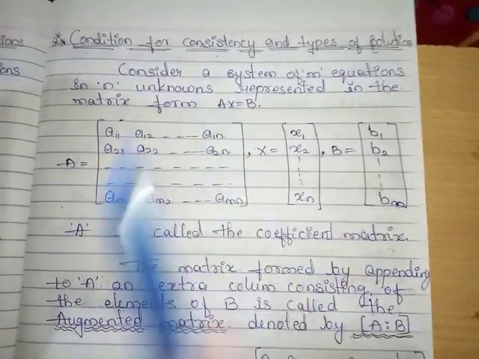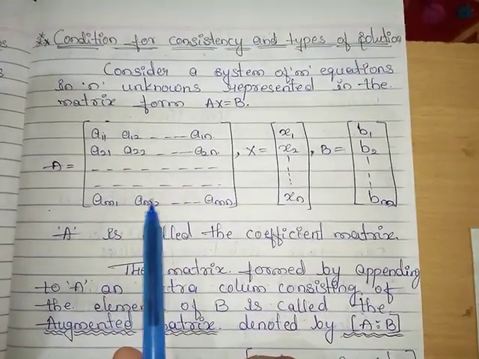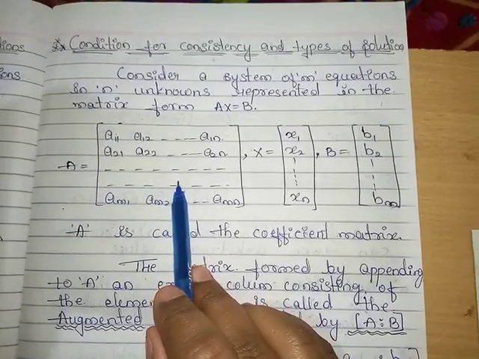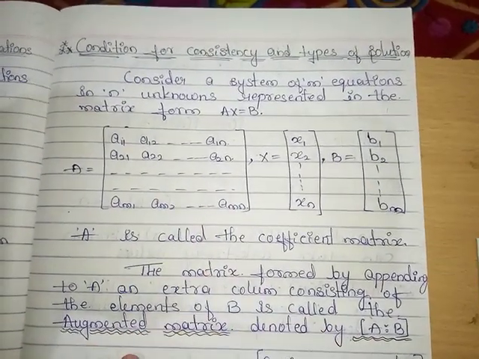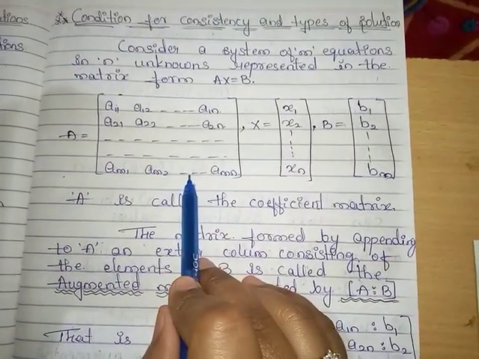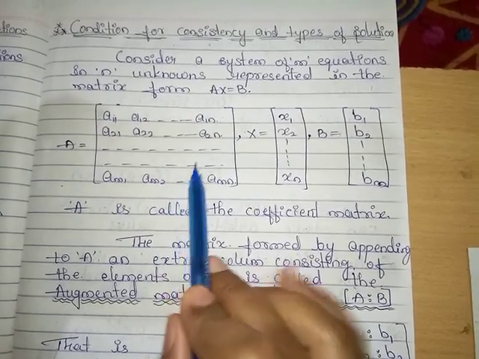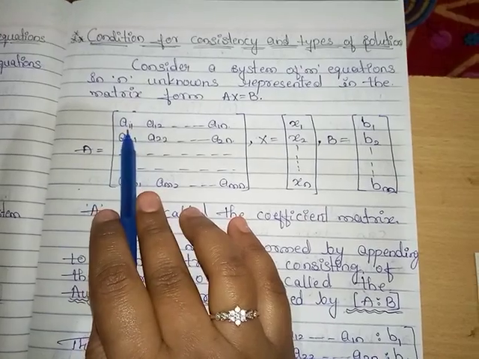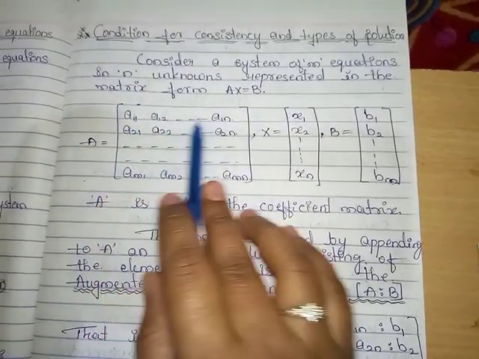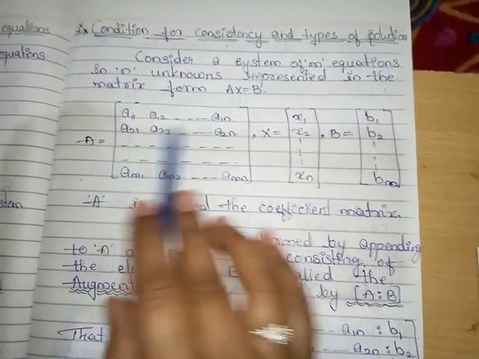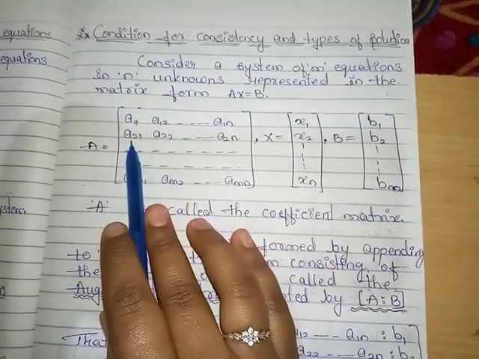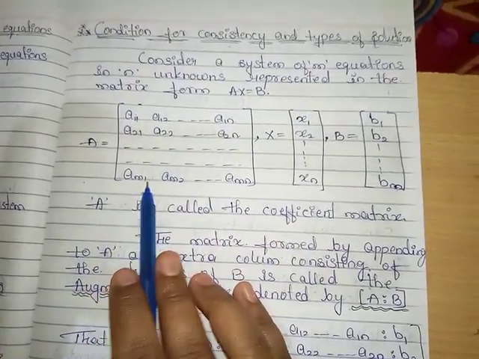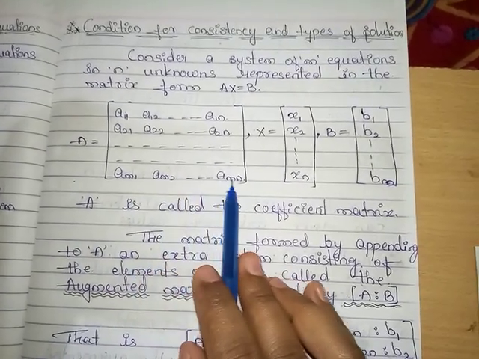You already studied what is the Ax is equal to b matrix, and you already know the matrix A is called a coefficient matrix. For a given system of m equations in n unknowns, we have to write the given equations in matrix form. This is the form: A is equal to A11, A12, so on to A1n, and A21, A22, so on to A2n, and so on to Am1, Am2, so on to Amn.